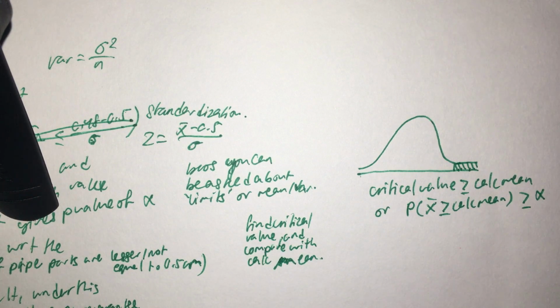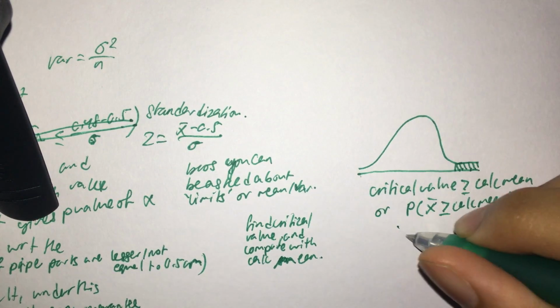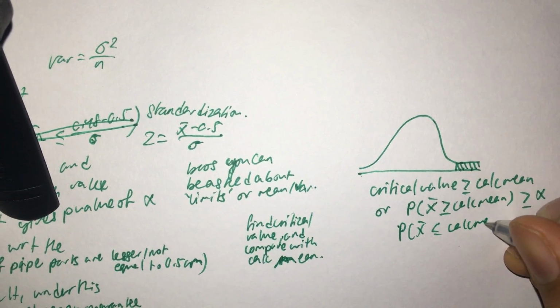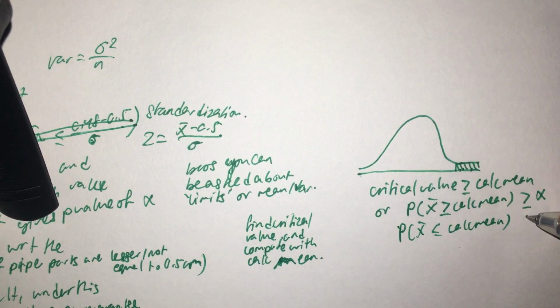Like for example, in this case, you instead see the probability of it being lesser than 0.51, which equals 0.99, so you instead look at the other side of the probability in a sense.